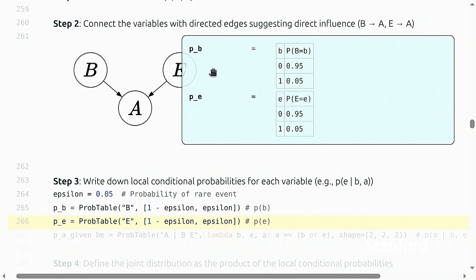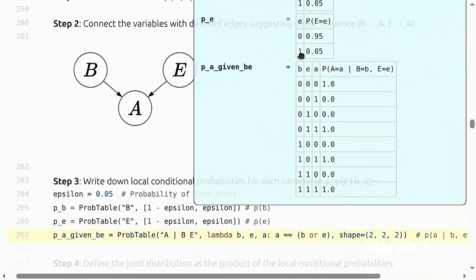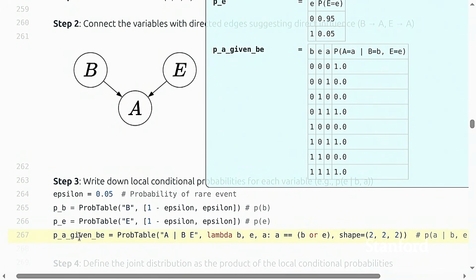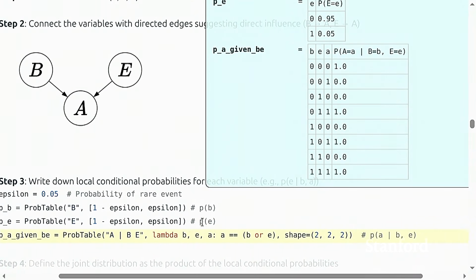And now just to explain this a bit, I'm giving you the probability of A given B and E. In code, you can do this trick, which gives you a compact way of representing this table. Instead of specifying every single combination, you can write a function that computes every single value.